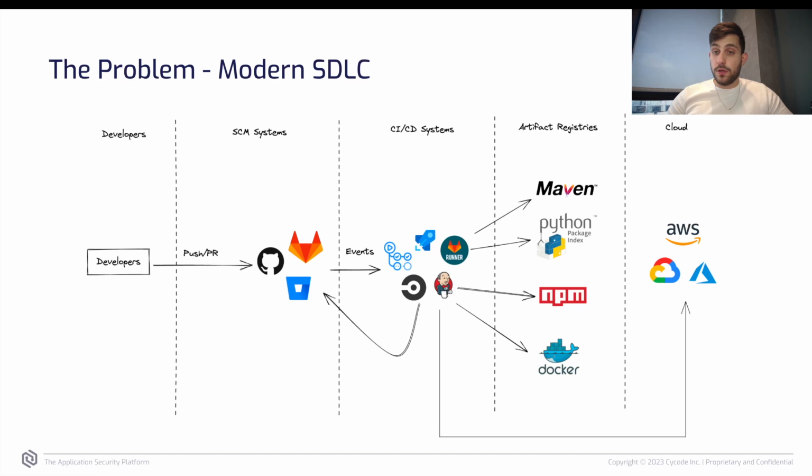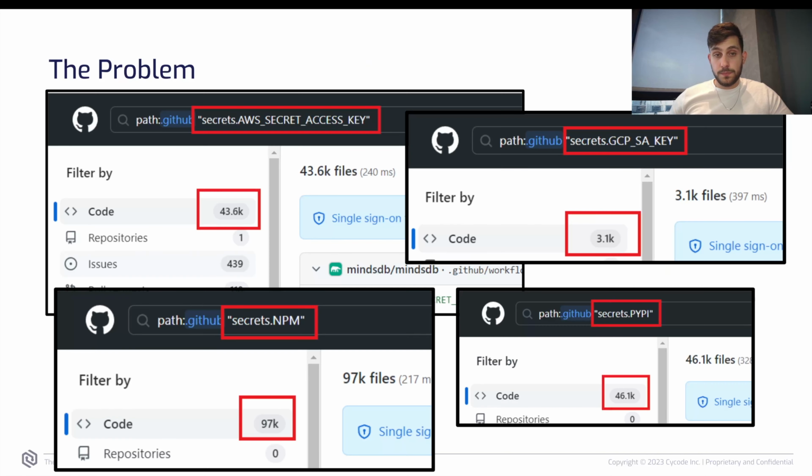Then it will communicate with the artifact registries that will create a PyPI package, npm, or Docker image that are the final artifact. Then the CI/CD systems will also communicate with the cloud infrastructure to deploy new code and new images to the production environment.